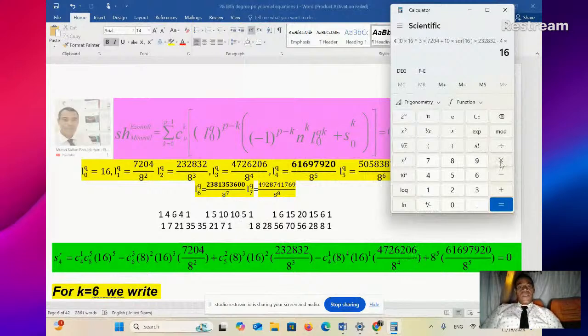It's going to be minus. I'm going to check the number first.